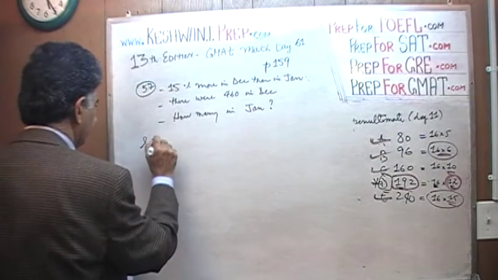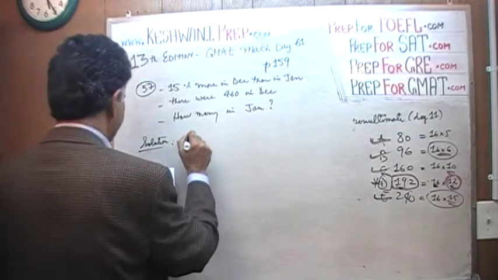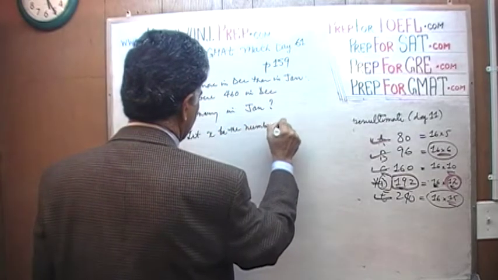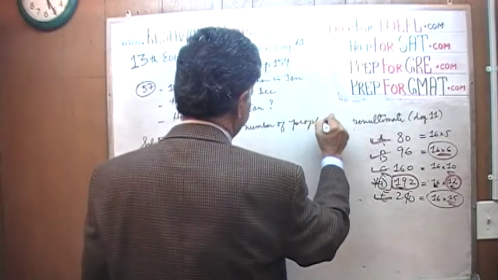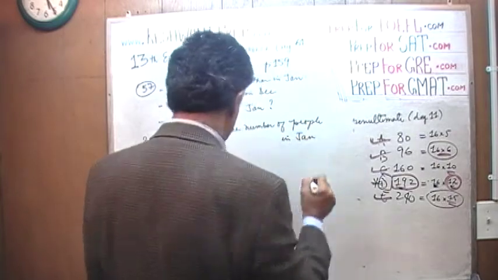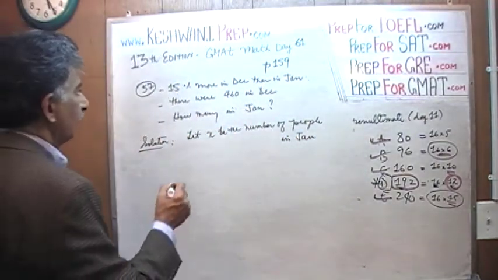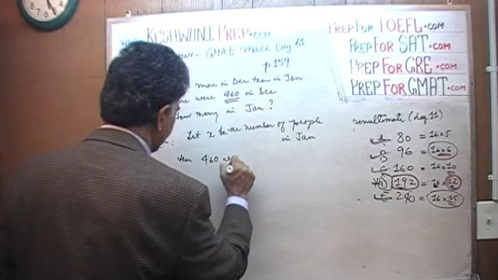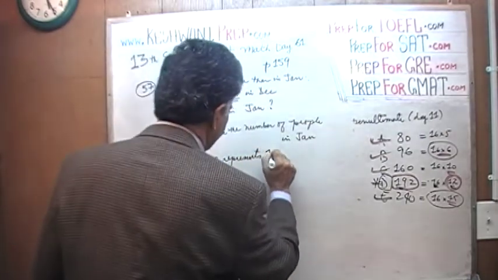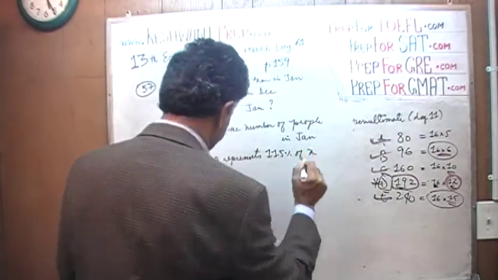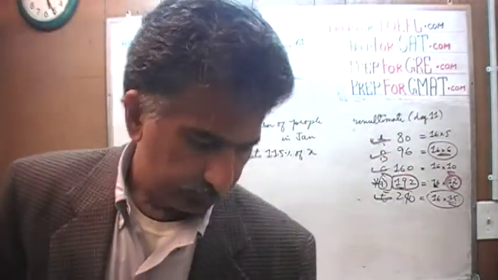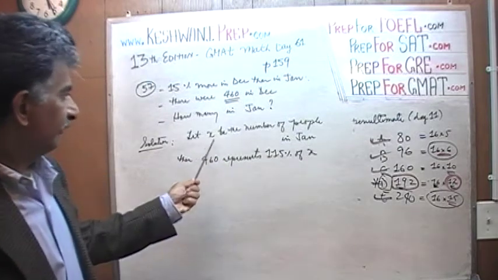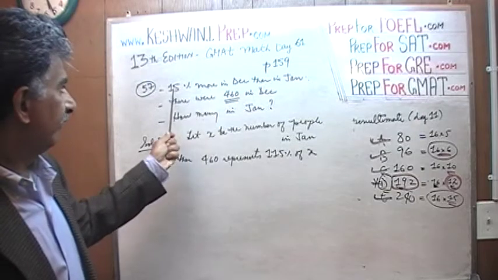Very straightforward solution. If we let x be the number of people in January, then this 460 that we see here represents 115% of x, because if x is the number of people in January, then in December we had 15% more.